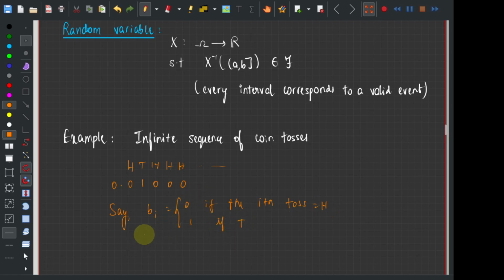Now I can represent this as a sequence of bits b1, b2, b3, and so on.